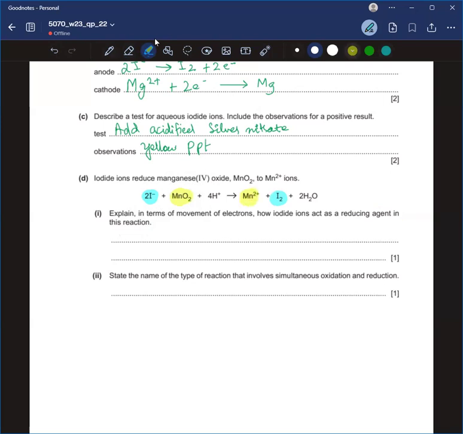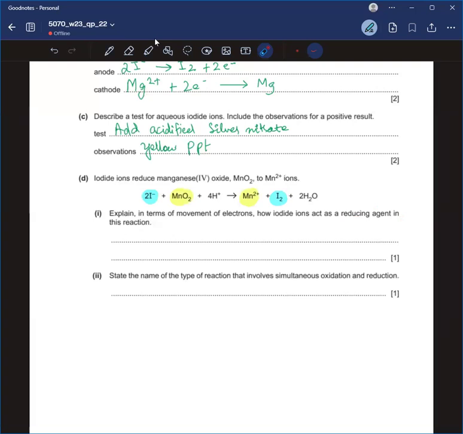We have to tell in terms of electron movement. One iodide ion has one extra electron, and here we have two iodide ions, so two electrons. On the product side we have iodine, which is in its elemental form, with zero extra electrons, which means iodide has lost two electrons.